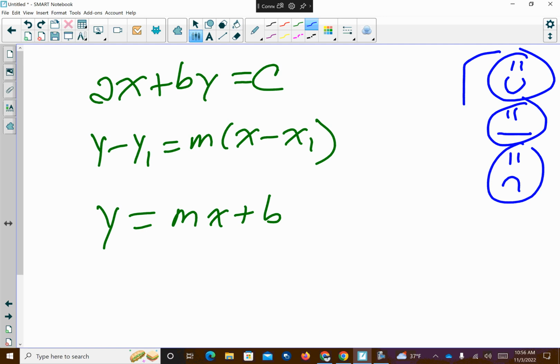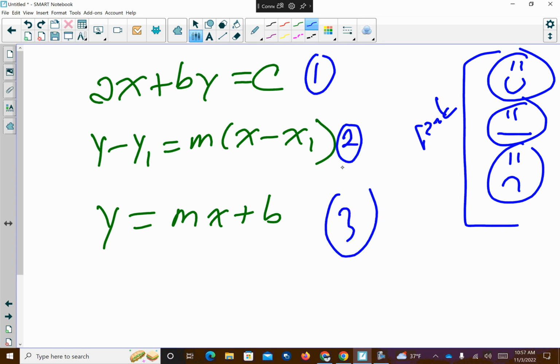Okay, friends, do me a favor. Rank these. So this is equation 1, equation 2, equation 3. So write 1, 2, 3. Put a smiley face if you're good with all 3. You put a smiley face all the way down, or a disgruntled face or frowny face.